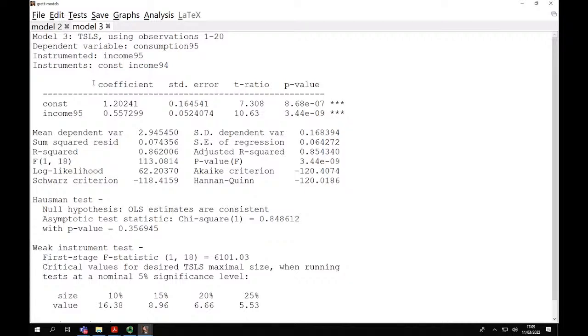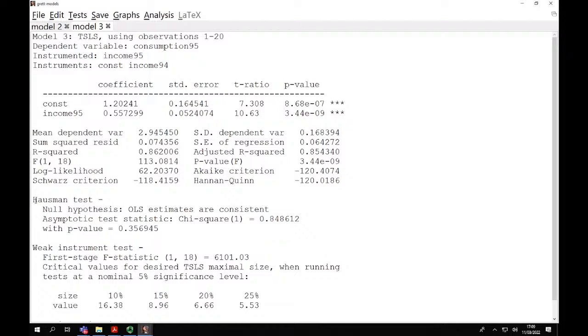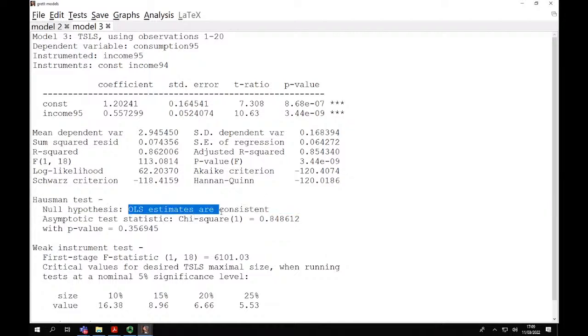But my point is, we learn to look at the following test called the Hausman test. Look at it. Null hypothesis: OLS estimates are consistent. Regardless of how it works, we know the three ingredients: null hypothesis, test statistic, which is chi-square 1 distributed under the null, 0.84, and p-value 0.35.